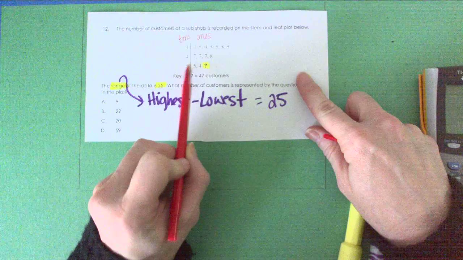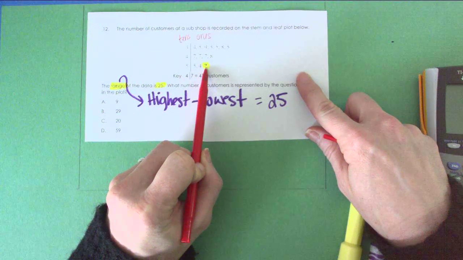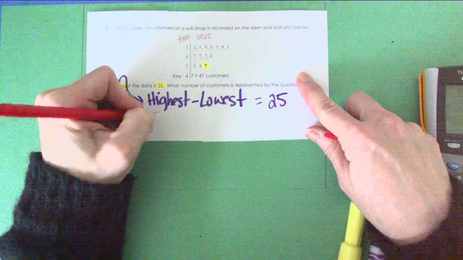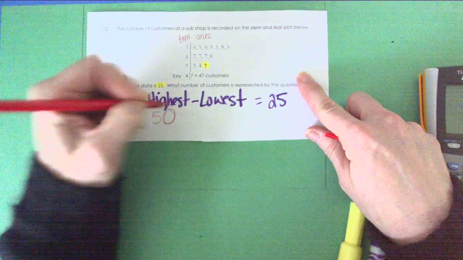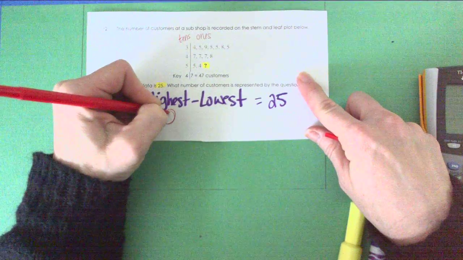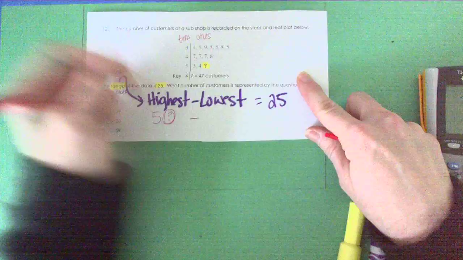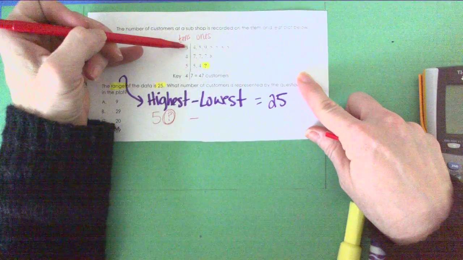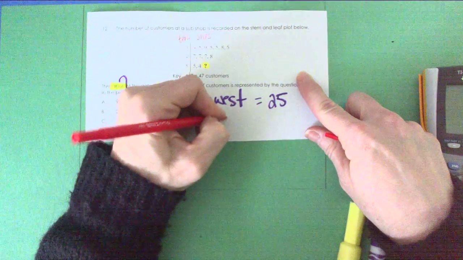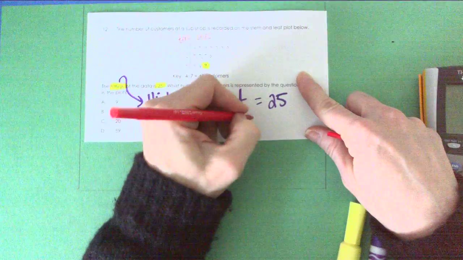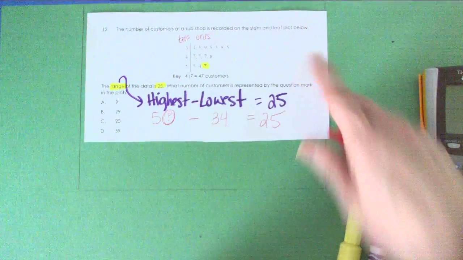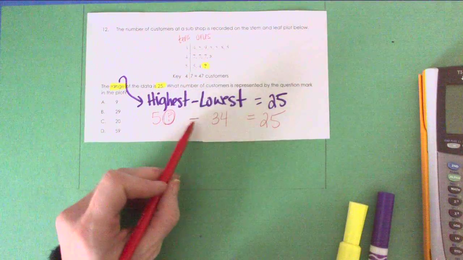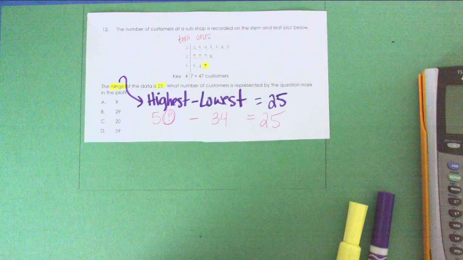So 50-something, this is a blank, question mark, minus my lowest value, 34, I'm throwing my pen, has to equal 25. So 50 what minus 34 has to equal 25.